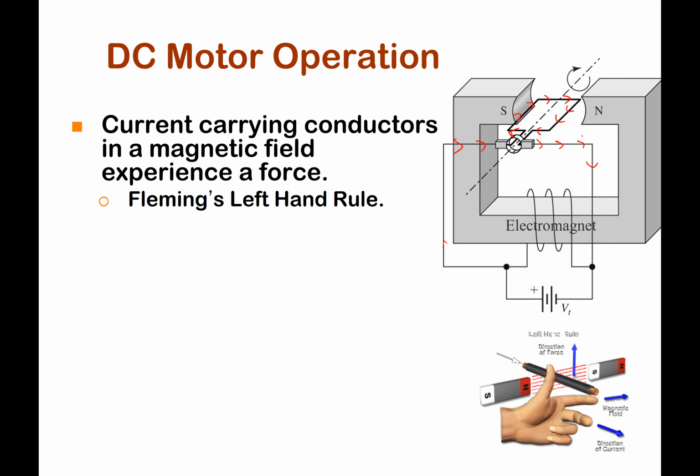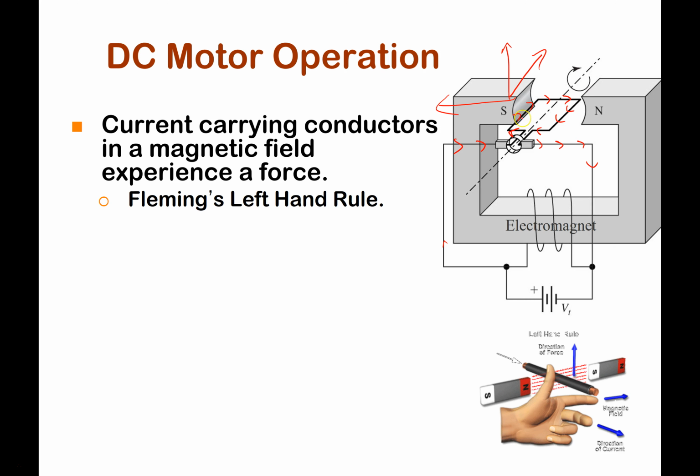Then it will experience a force, and the direction of that force is given by Fleming's left-hand rule. If you point your second finger in the direction of the current, which is this way, and your first finger in the direction of the magnetic field, which is this way, then your thumb, if stuck up, should go in the direction of the movement, the direction of the force.